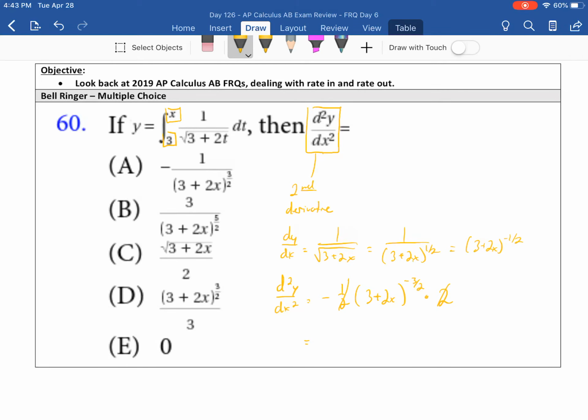So if we turn that negative exponent into a positive, we end up with negative 1 over the quantity 3 plus 2x to the positive 3/2 power this time, because since we brought that expression down into the denominator, the exponent now turned positive. That looks to be answer choice A. So answer choice A for this little warm-up of ours.